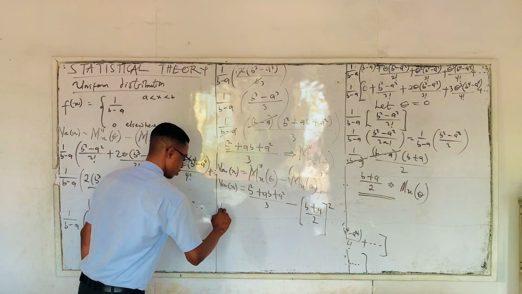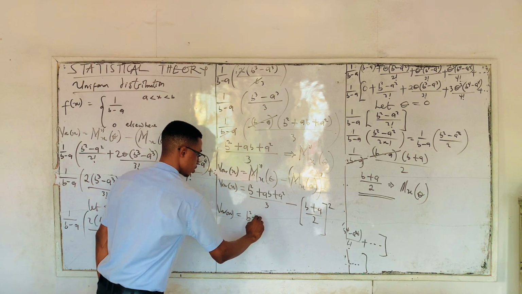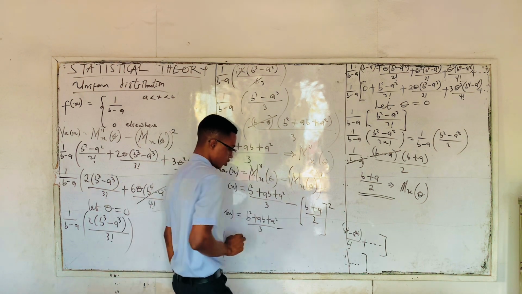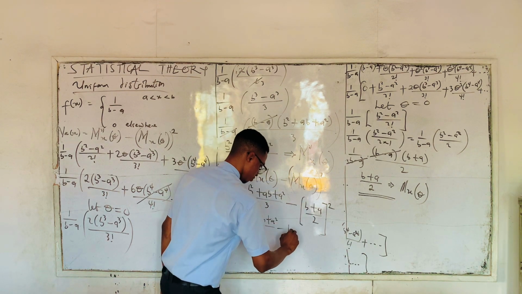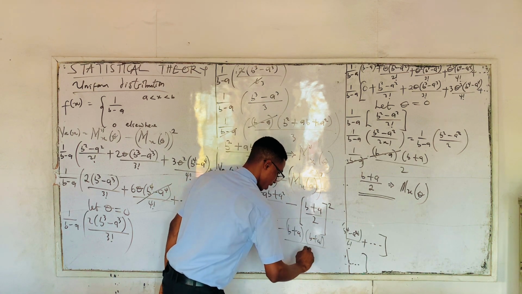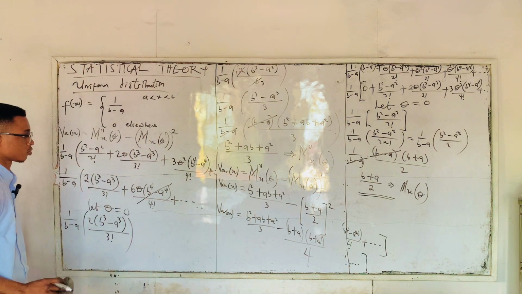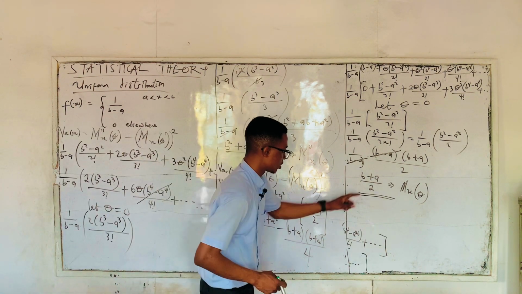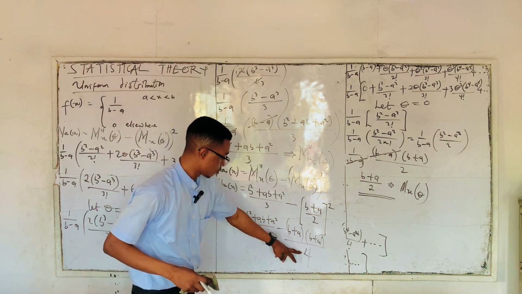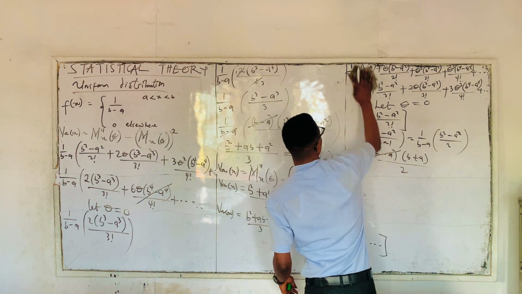Now we have var x equals b squared plus ab plus a squared over 3 minus, now if I square this, I have b plus a all over 4.